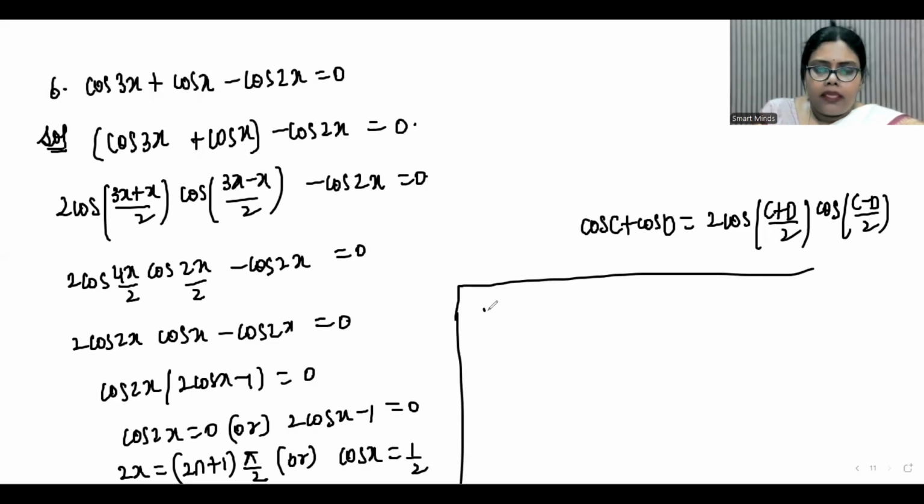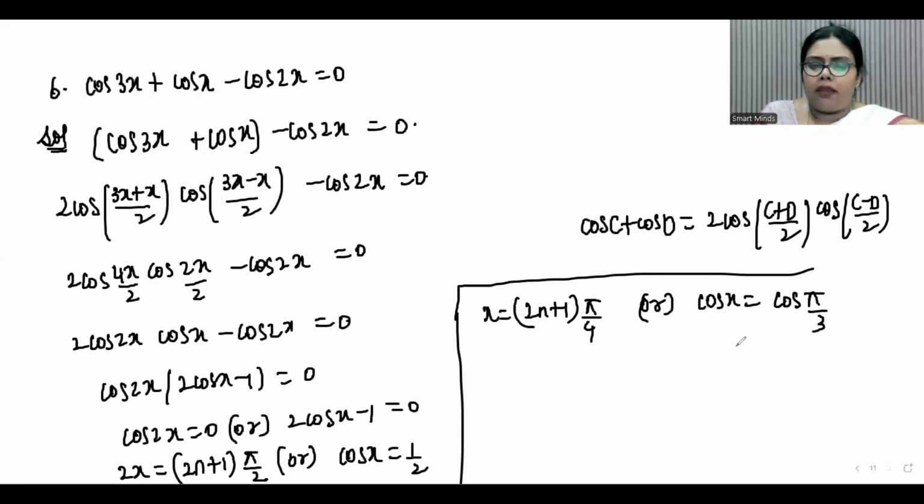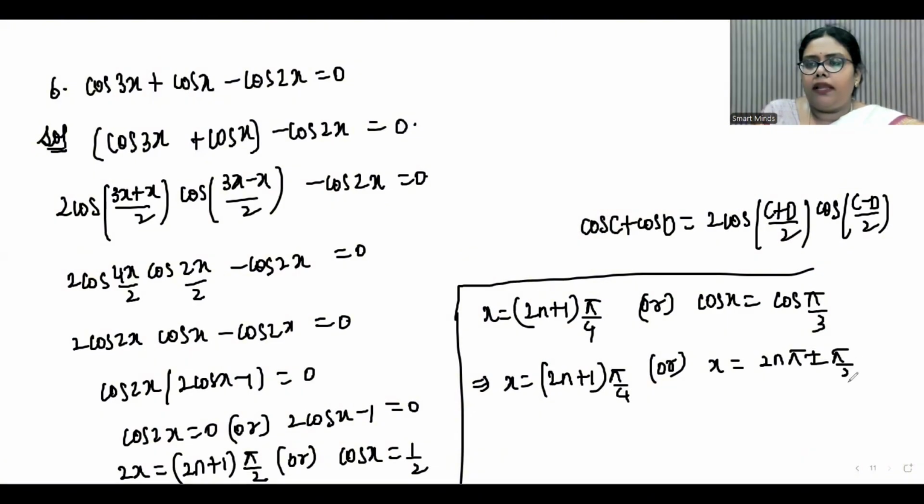So x is equal to (2n plus 1) into pi by 4, or cos x is equal to cos 60. 60 can be written as pi by 3. So that is x is equal to (2n plus 1) into pi by 4 or x is equal to 2n pi plus or minus pi by 3, where n belongs to Z.